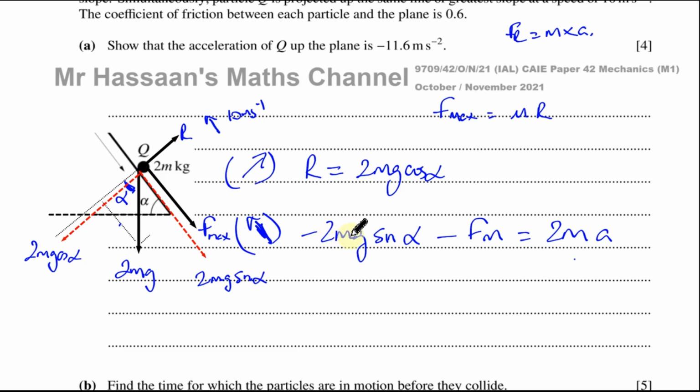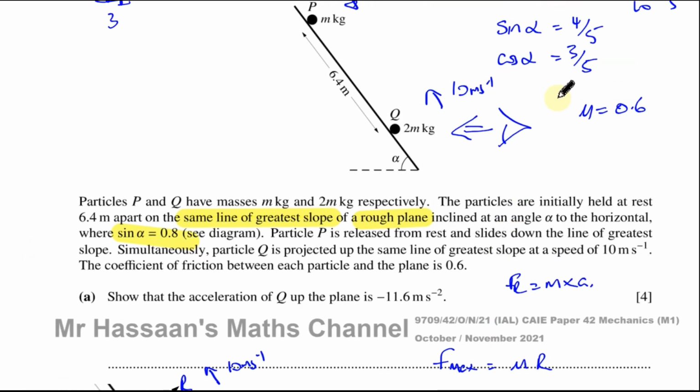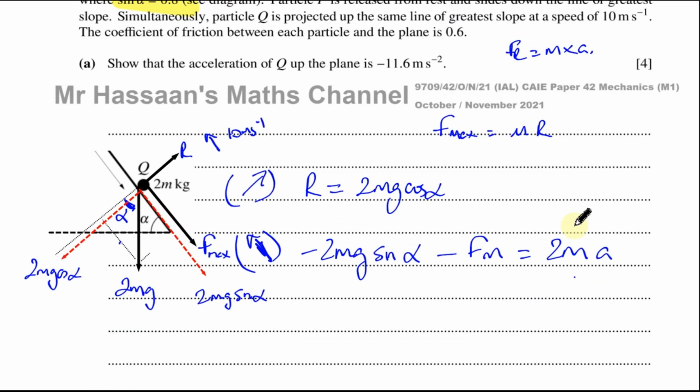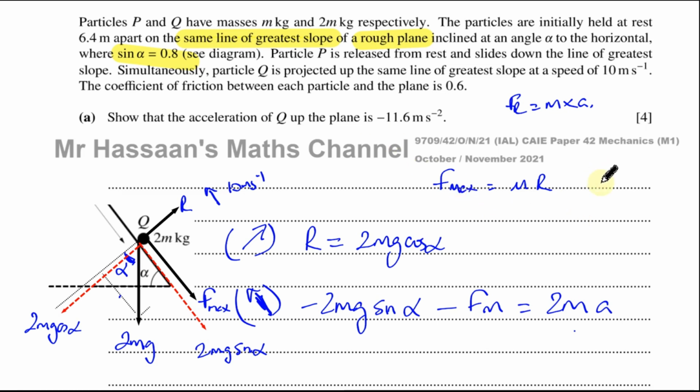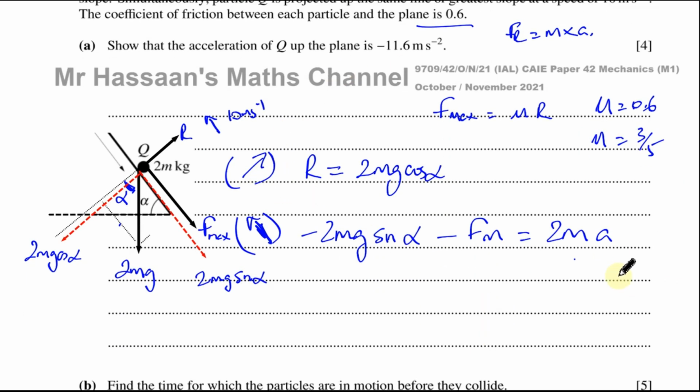So we have minus 2 times m times g times sine alpha. As we learned, sine alpha is 4/5, and mu is equal to 0.6. As a fraction, that's 6/10, which is 3/5. I'll leave it as a fraction for now.